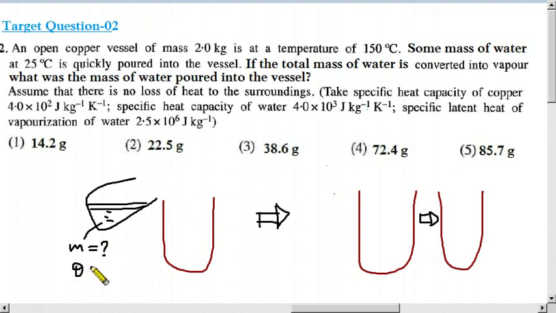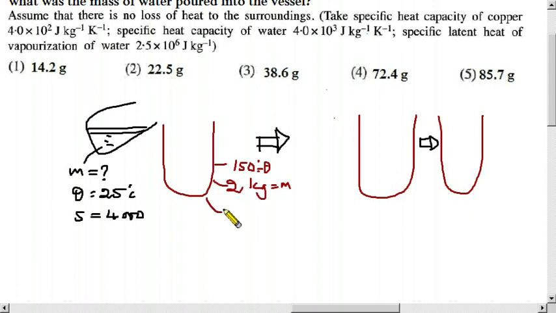So the initial temperature is 25 as previous. Specific heat capacity 4000. Regarding this copper vessel, the temperature is 150 theta. Mass 2 kilogram. Then specific heat capacity is 400.